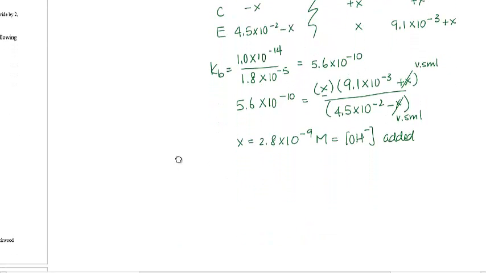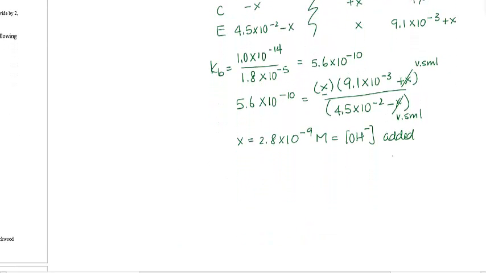Now, what is significant here is the amount of OH that is added by the reaction of CH3COO minus with water. And the question is, does this make a significant difference? Well, let's examine the OH from the NaOH.